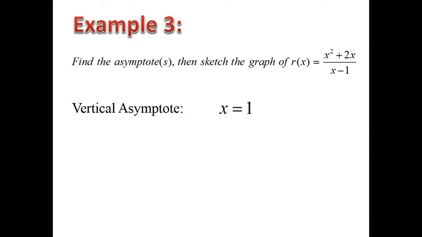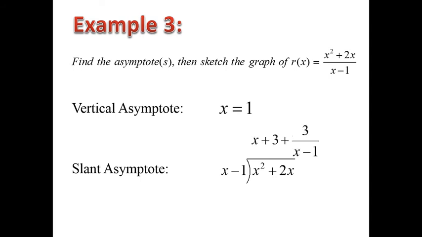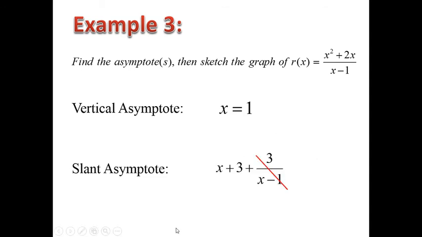Again, find the VA by setting the denominator equal to 0, so we got x equals 1. For the slant asymptote, we can use long division or synthetic division. Once you divide it, we end up with x plus 3, plus 3 over x minus 1. The remainder over the divisor we can just disregard, because it has nothing to do with the slant asymptote.